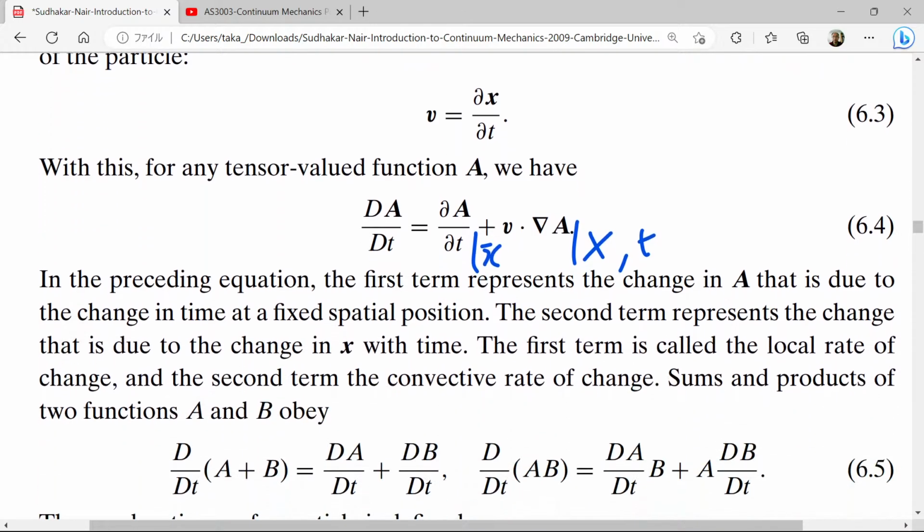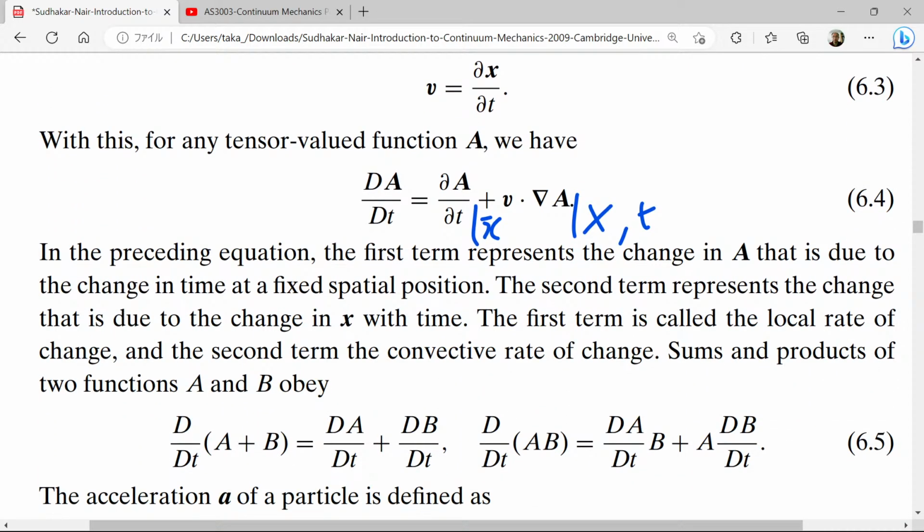In the preceding equation, the first term represents the change in A that is due to the change in time at a fixed spatial position. The second term represents the change that is due to the change in x with time.